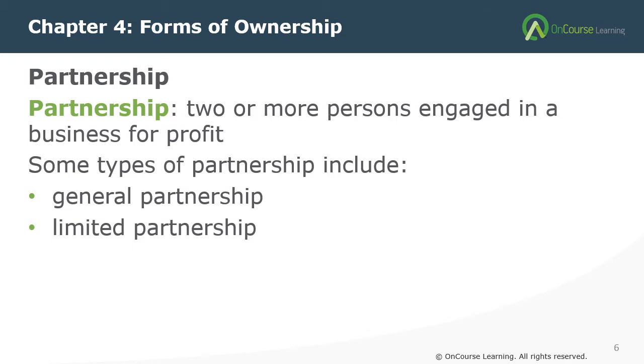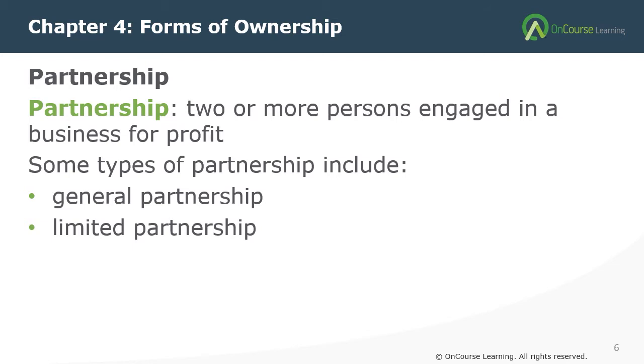If these limited partners become too involved in what goes on in the operations of the partnership, those limited partners would become general partners. There's also what's known as the limited liability partnership, and that limits the liability of some of the general partners.